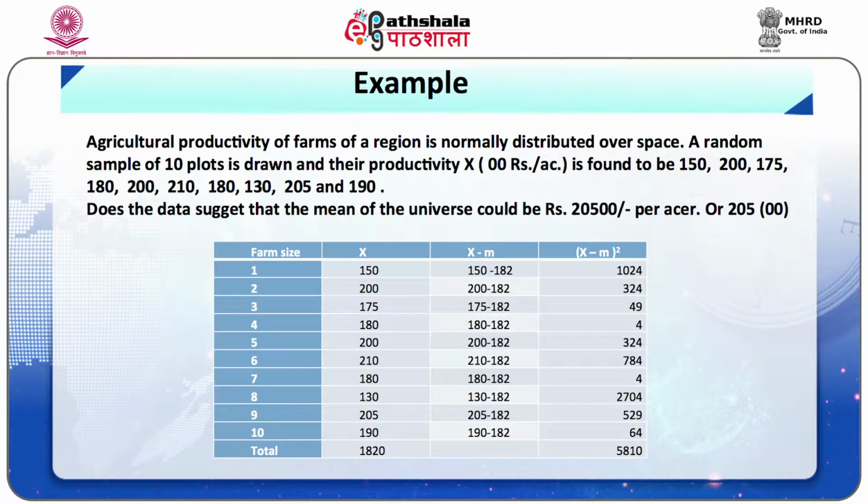Agriculture productivity of farms of a given region is normally distributed over a space. A random sample of 10 plots is drawn and their productivity X, in terms of 1000 rupees per acre, is found to be like given here. Does the data suggest that the mean productivity of the universe could be 20500 per acre?